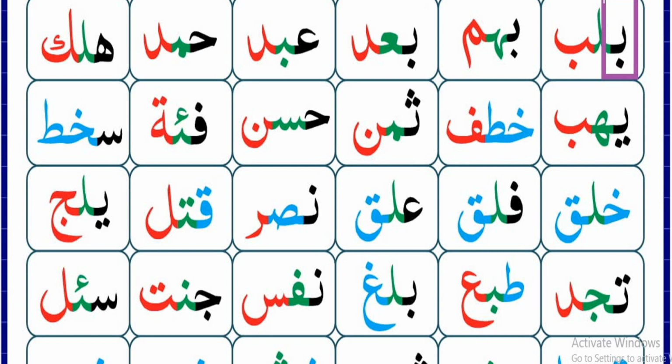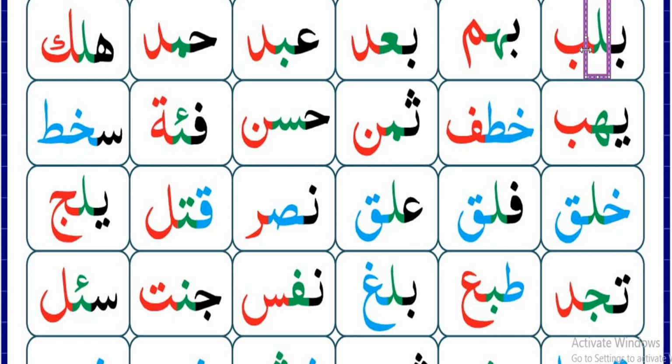Okay, so the first letter here, it is ba. It is the half shape of ba, and the middle one is lam. Some people think that it is alif, or it can be alif, but remember it cannot be alif because alif cannot be connected to the next letter. So this one is connected. There is no gap between the two letters.